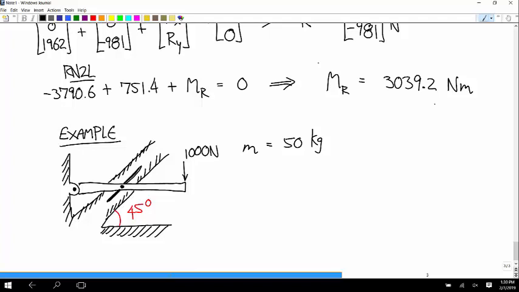And let's say the length of this beam is 1 meter. What are the reaction loads at the joints?